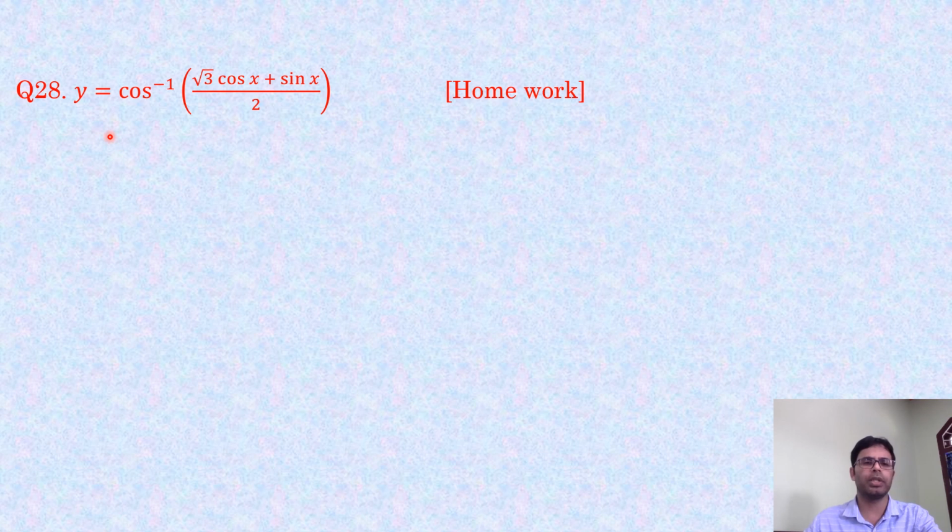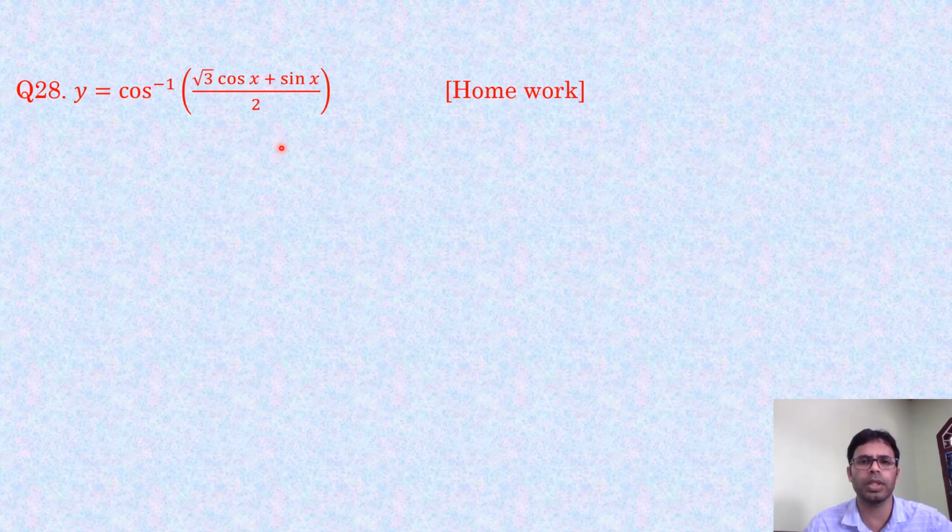And this question is homework for you, and you can solve it by taking root 3 as r cos, since the outer function is cos, so it is r cos and this is r sin. Or you may also write like this: root 3 by 2 cos x plus half sin x, by separating the division.